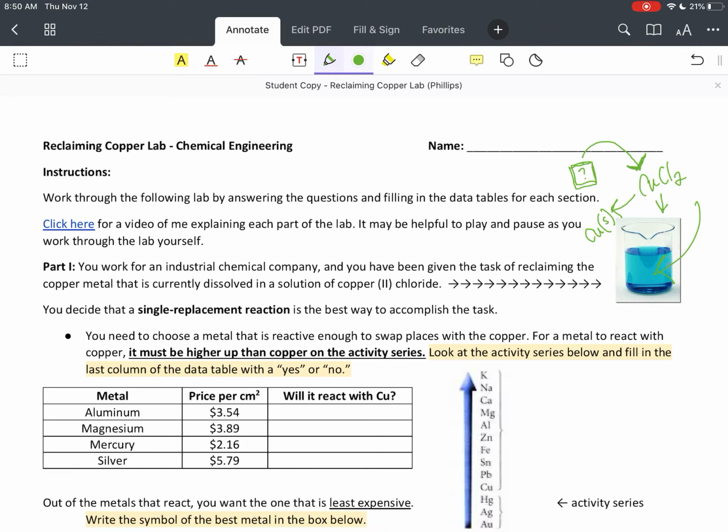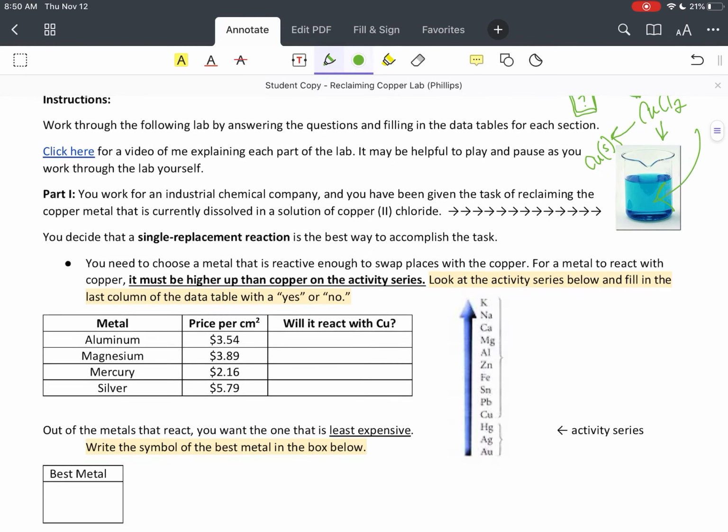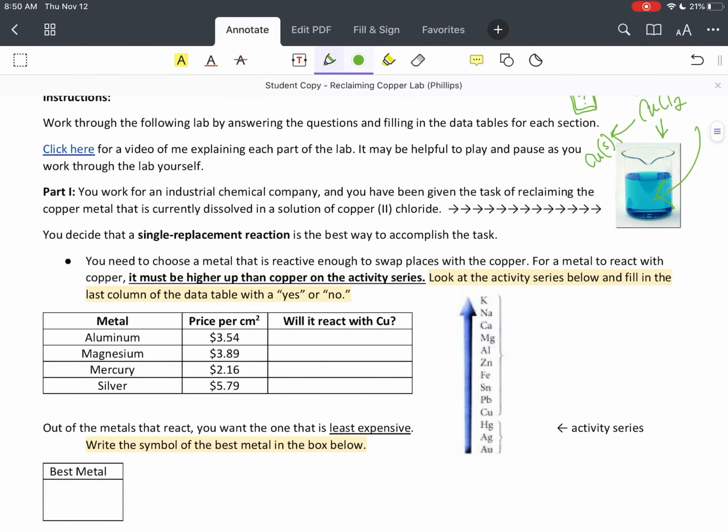So when we're choosing this unknown element, we're going to look at a few different things. The first thing is we're going to look at what we call an activity series. So here is copper right here. And what this activity series means is it lets us know how reactive each of these metals are.